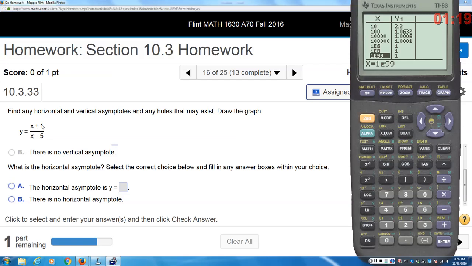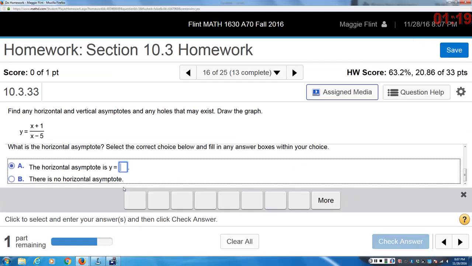I mean, the difference in 10 million plus 1 over 10 million minus 5, both of those numbers are really going to be close to 10 million. And 10 million over 10 million is 1. So it's going to approach the value of 1. And that's why the horizontal asymptote is actually 1.